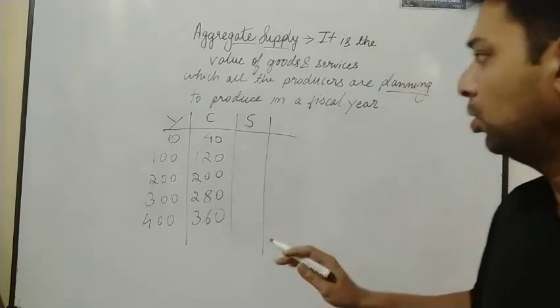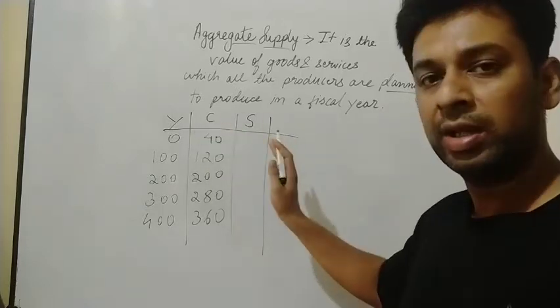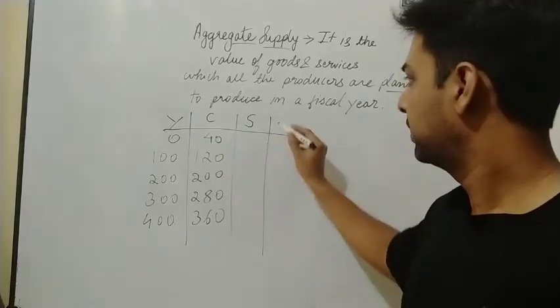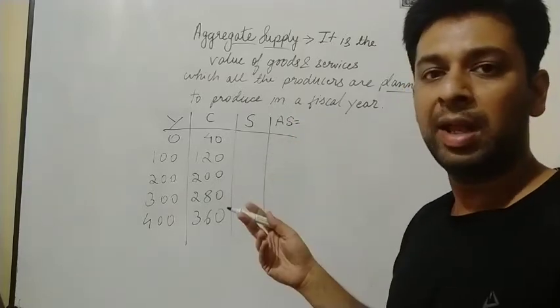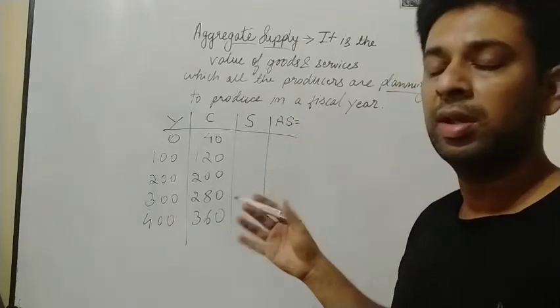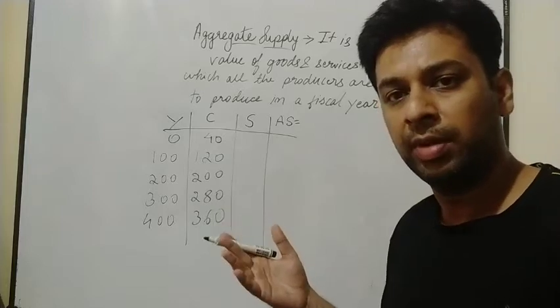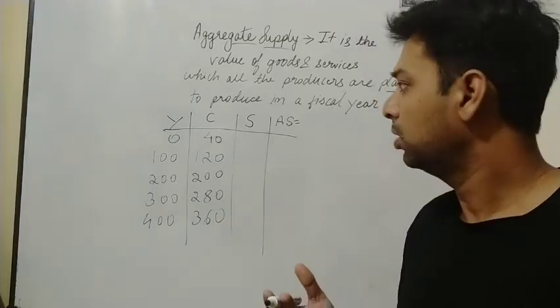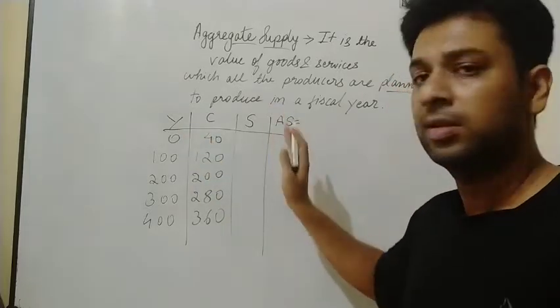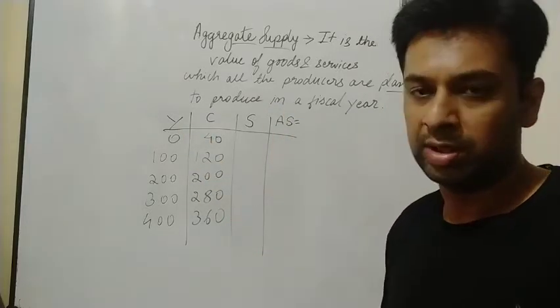Here I told you that while calculating aggregate supply, aggregate supply is nothing but equal to your income, because Keynes in this theory told that income and output will be identical to each other.